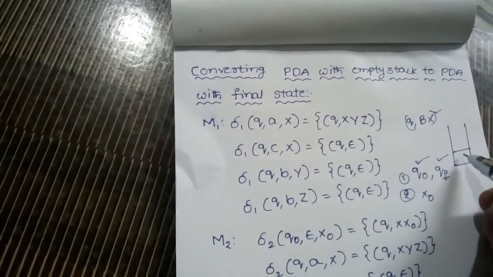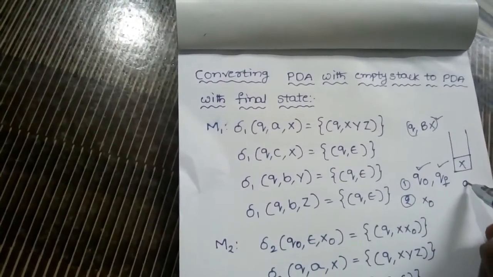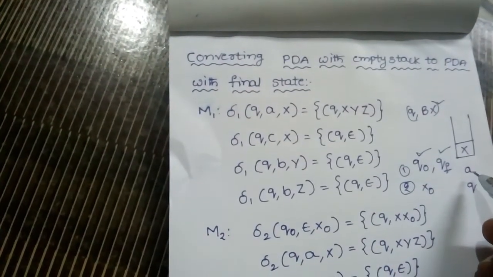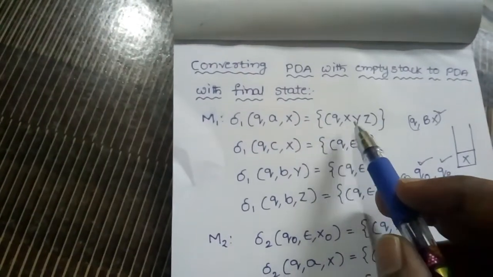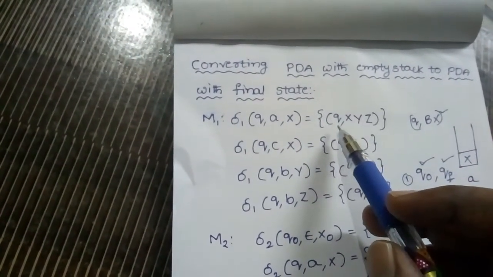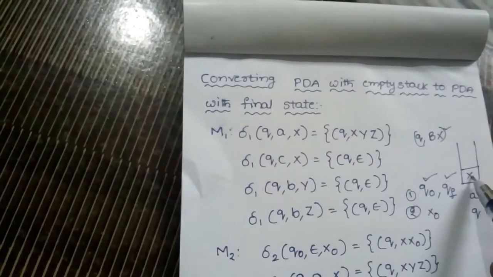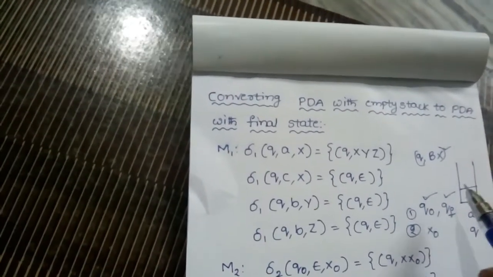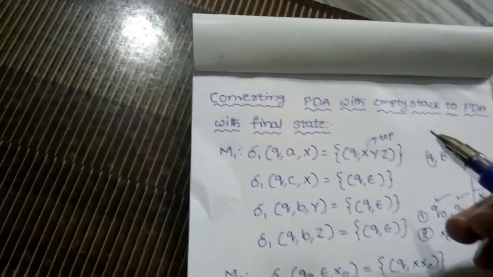Initial top of this stack according to the given problem is X. The present input symbol is A and the present state is Q. From present state Q, on reading A, if the top of the stack is X, the move Q comma XYZ means the next state is Q and we are replacing this X, the top of the stack, with XYZ, so that X should be the top of the stack.